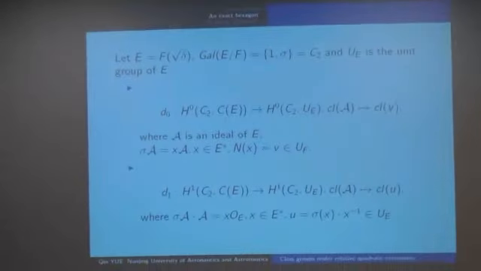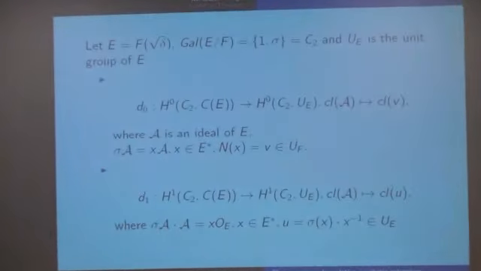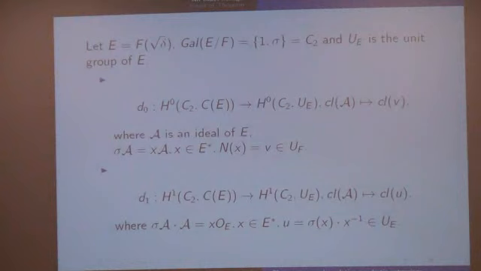This is Tate cohomology. Also H1 is Tate cohomology, is cycle modulo cocycle. We also have this map, so we can get this exact hexagon.